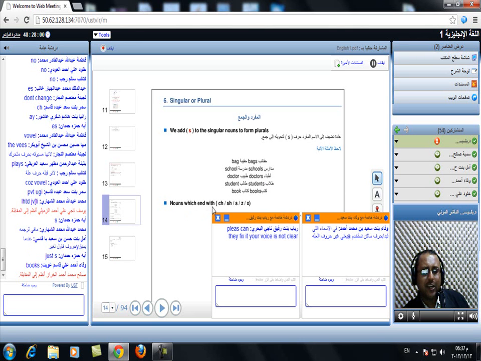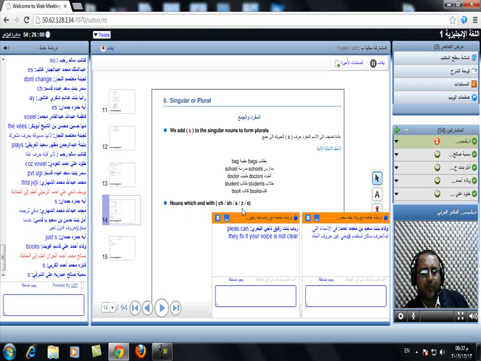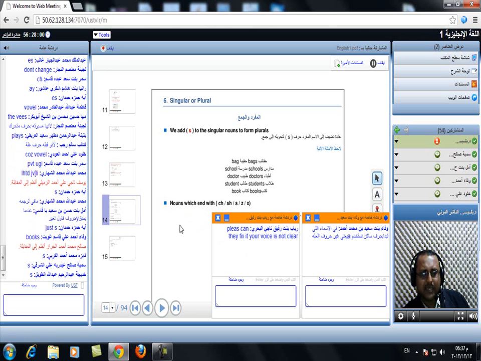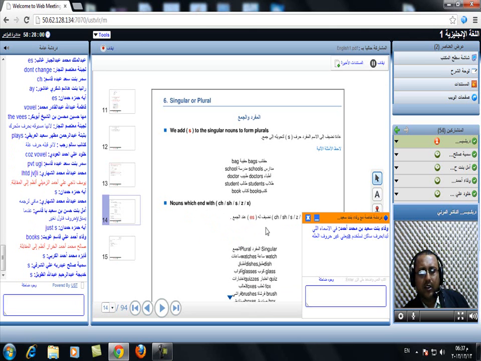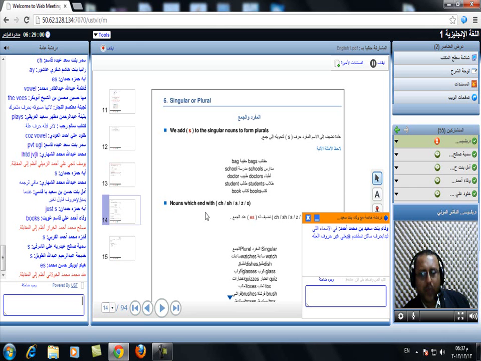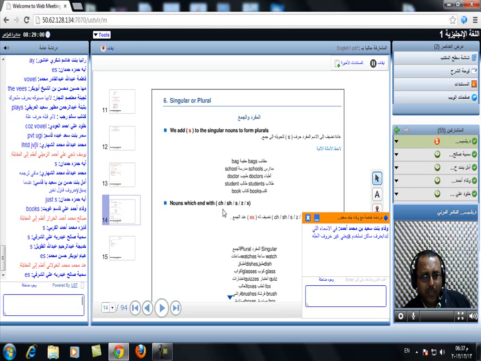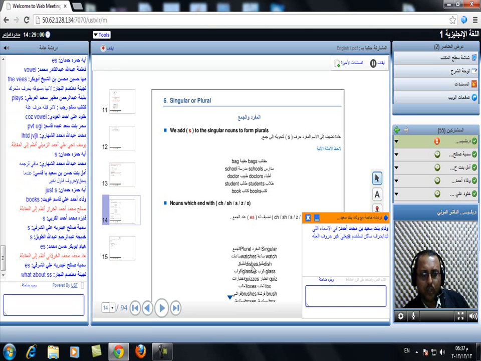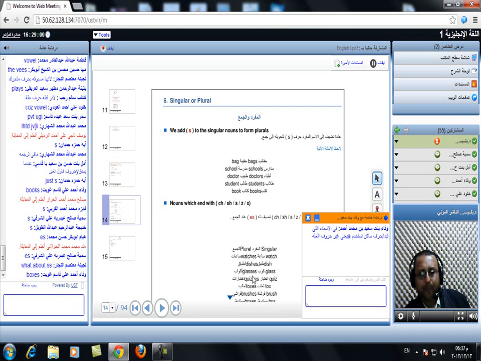Now what about the second rule? Nouns which end with CH, SH, S, Z, X, and also double S. Those nouns, how can we change them into plural? We have to add ES. So if the noun ends with one of these, CH, SH, S, Z, and X, we have to add ES when we change them into plural.